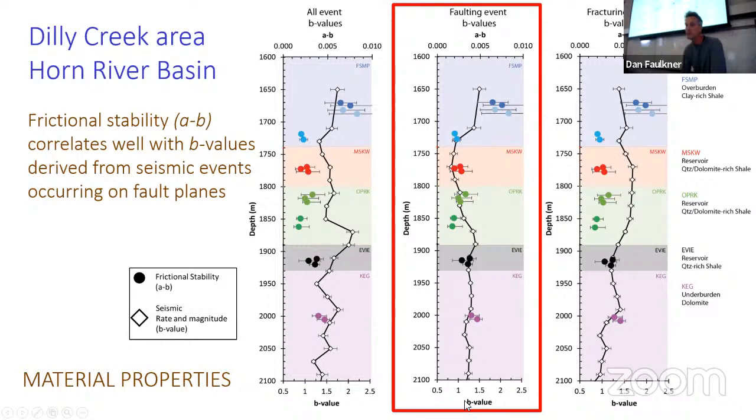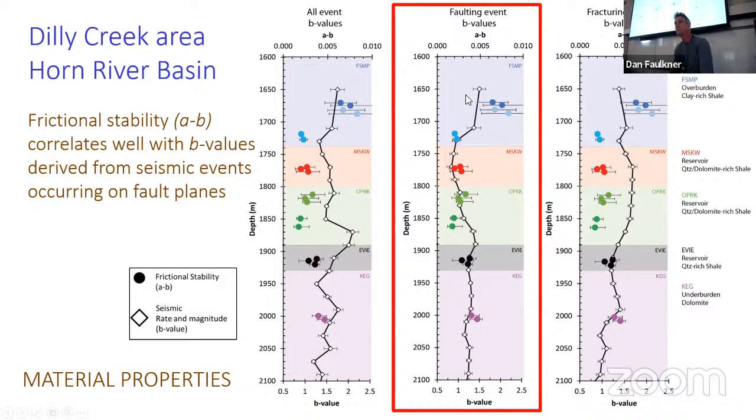These are the seismic B values, okay? And there's variation as you go through these different reservoir horizons into the underburden just here, and this is the overburden just there. And I should point out that these B values in the central panel are the ones that are determined from our cluster analysis. So they're the ones that are happening on pre-existing faults.